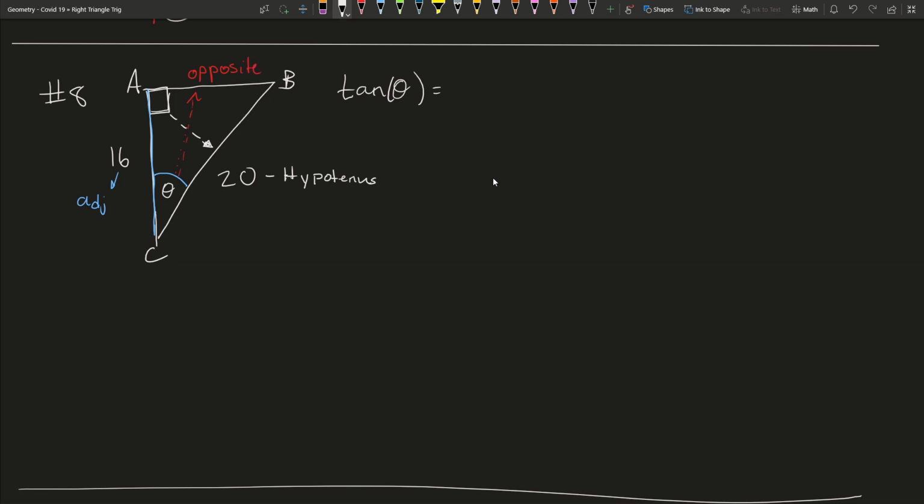From SOHCAHTOA, we know that tangent is opposite over adjacent. We have the adjacent side, but we do not have the opposite side.